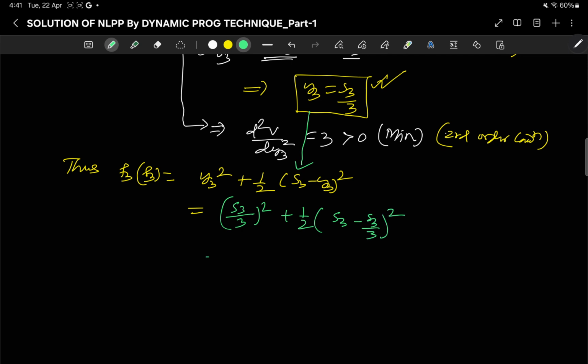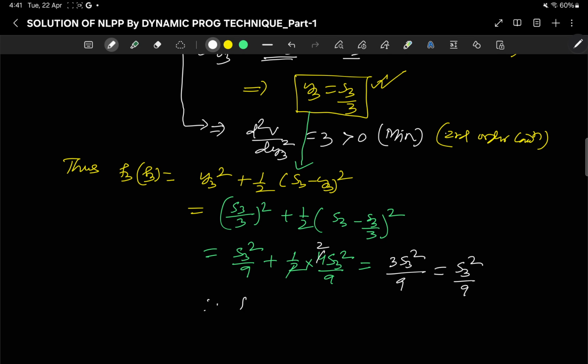This is equal to s3 square by 9 plus half of 4s3 square by 9. If you simplify it, 2 and 4 cancel, so it is 3s3 square by 9, which is s3 square by 9. So f3(s3) is s3 square by 9.